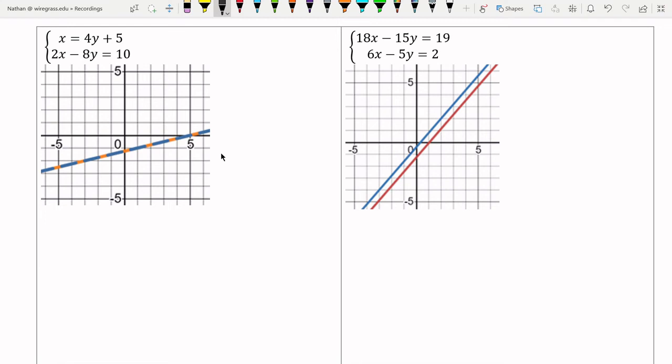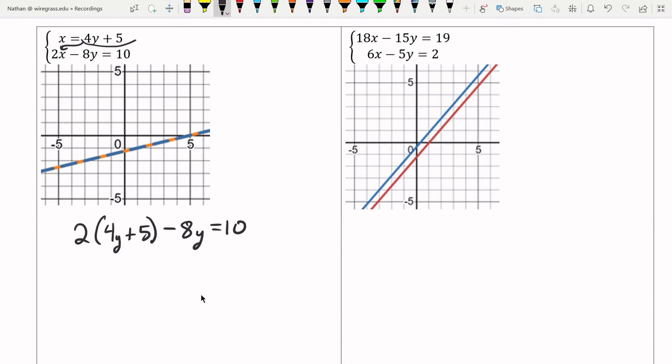Now, if I'm going to use the substitution method that I showed you, I'm going to take this thing, because we already know what X equals. I'm going to take this thing and plug it into the X variable in the bottom. What that gives me is 2 times X. X is just 4y plus 5 minus 8y equals 10.